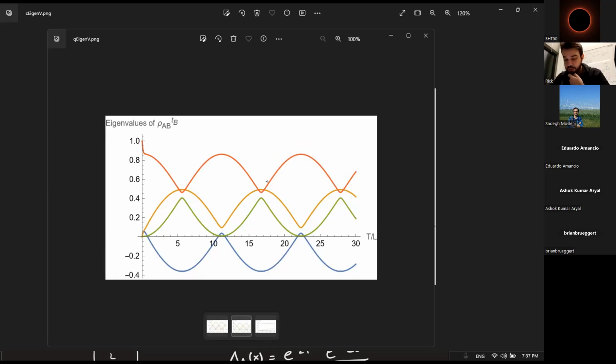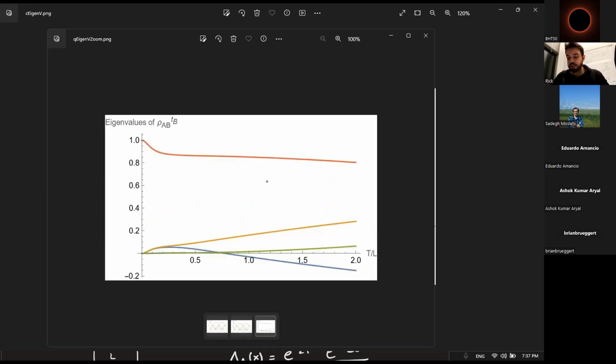Also, if you look just at the very short time regime where the two are space-like separated, then you see that for t sufficiently smaller than L... sorry, I forgot to say this, but the horizontal axis here is for how much time the detectors were coupled to the field compared to their separation.